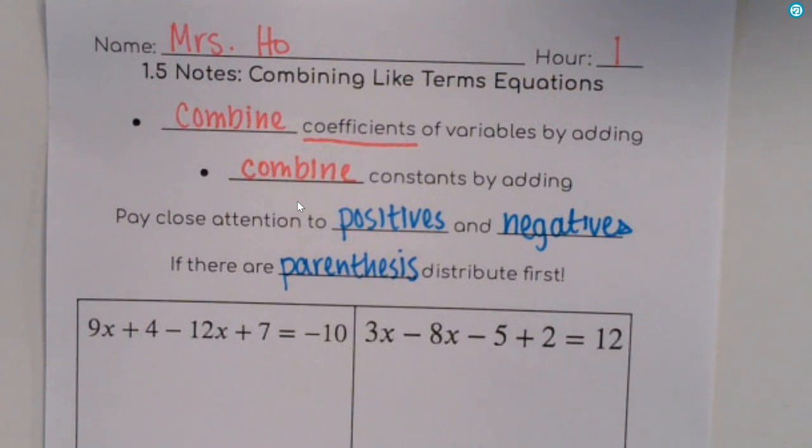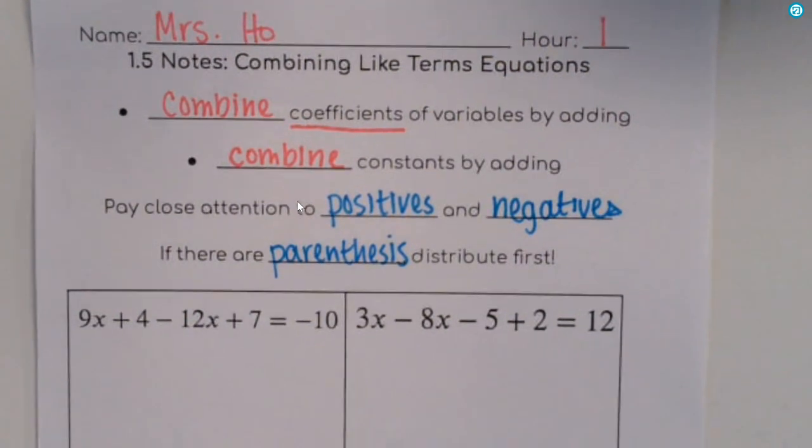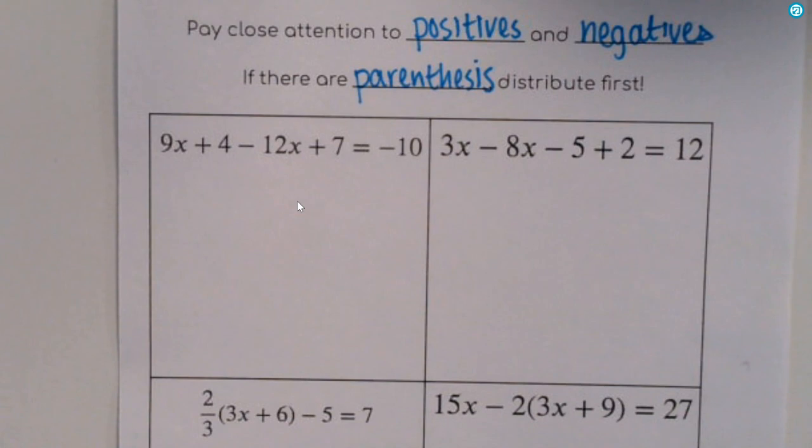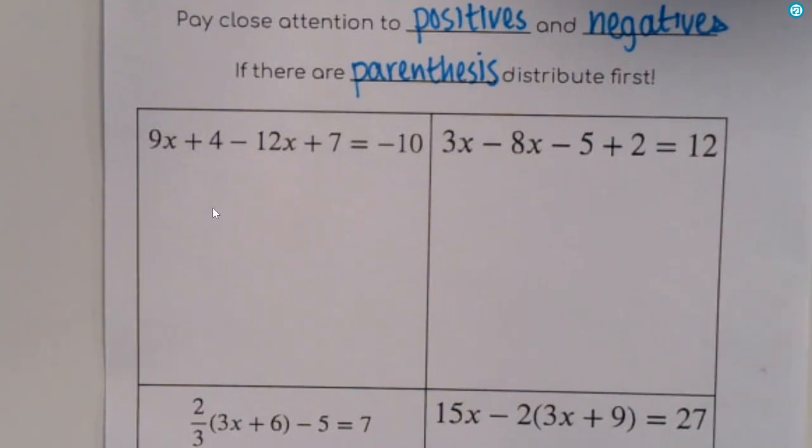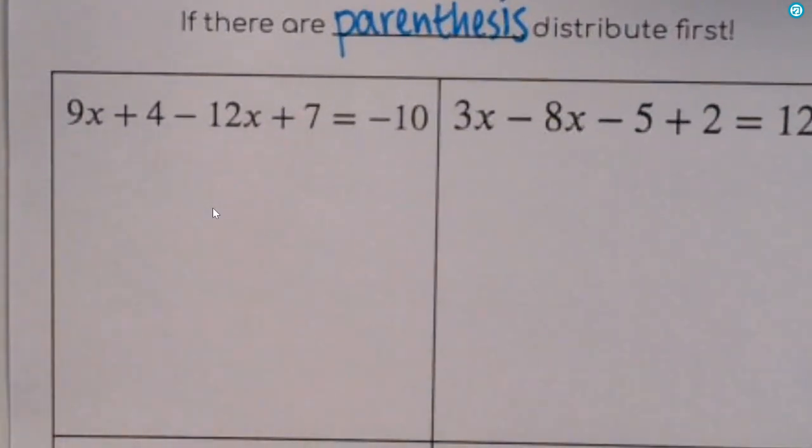Okay, so today's equations are kind of like Friday's equations, where we've got one step at the beginning. This time we're combining like terms instead of distributing, and then they solve out completely normally. Our first problem is 9x + 4 - 12x + 7 = -10.